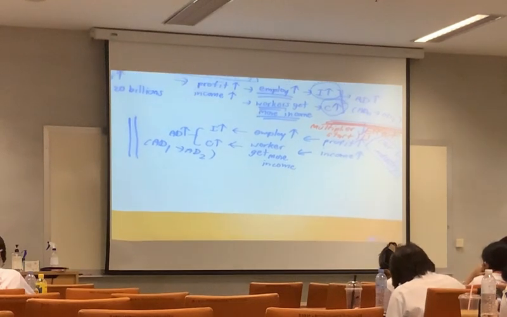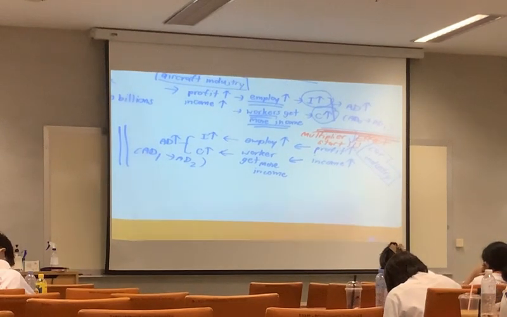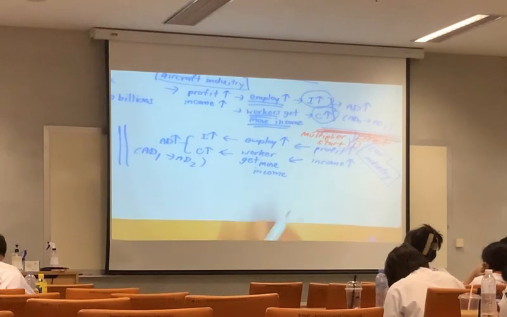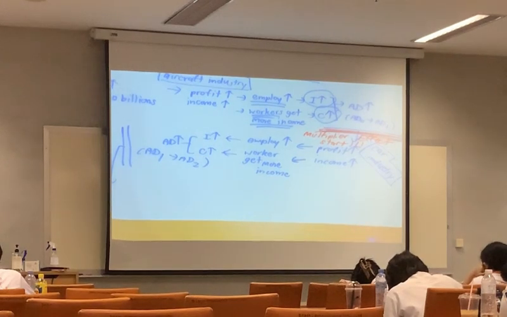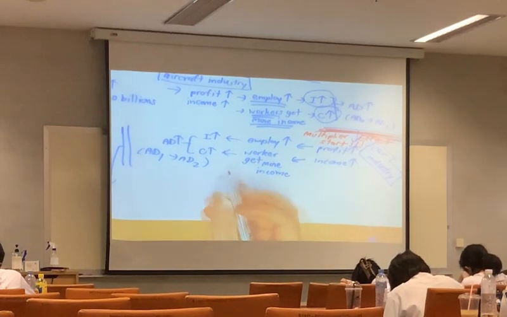So for example, you can continue just one more time. You can say what happened next. For example, the car industry has more money and would like to invest more.